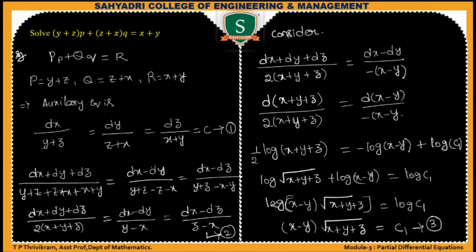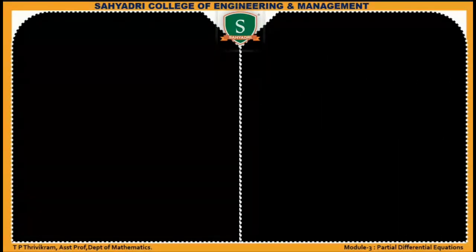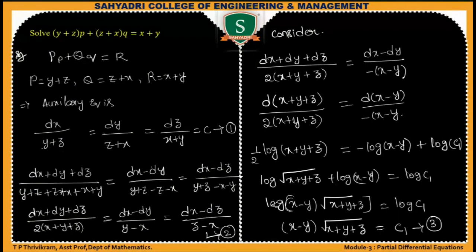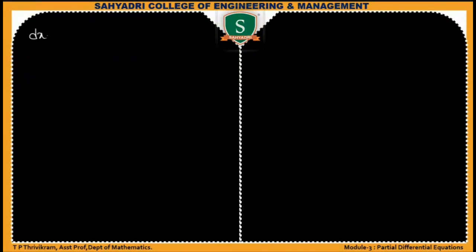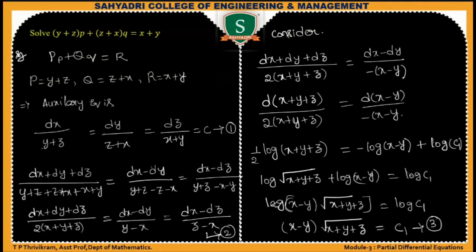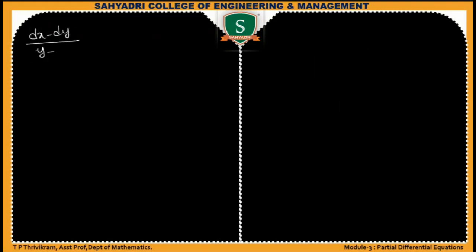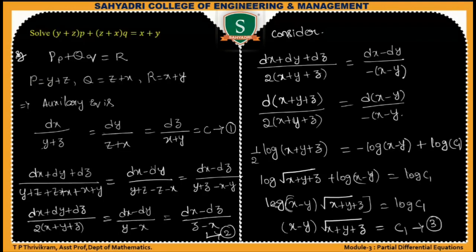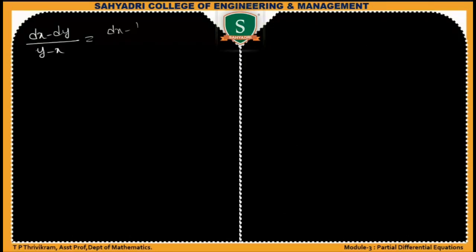So this time I will equate these terms: (dx minus dy) divided by (y minus x) is equal to, next here also, (dx minus dz) divided by (z minus x).